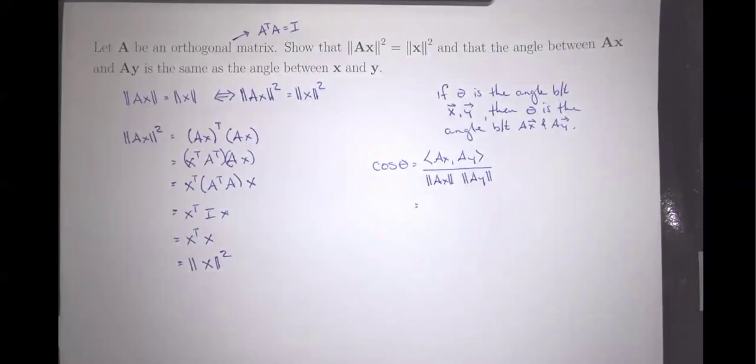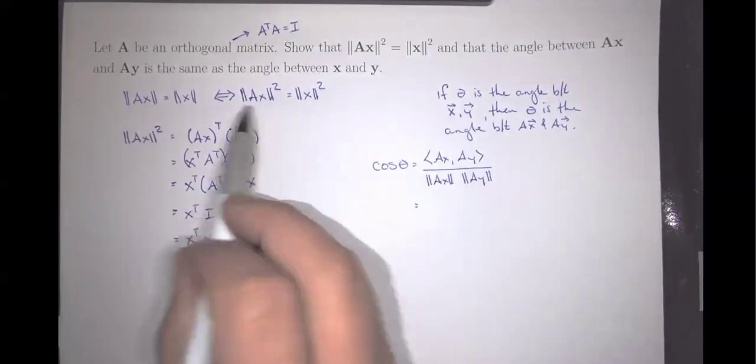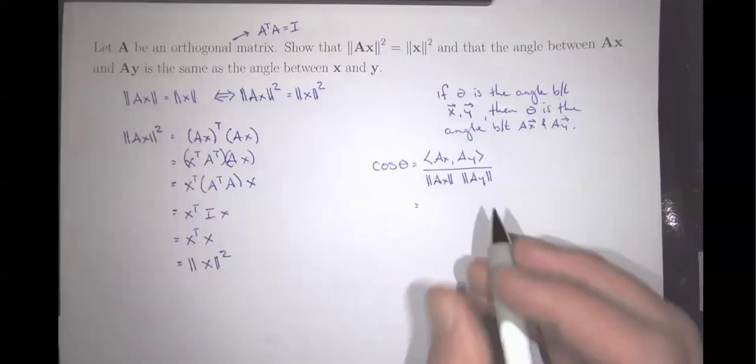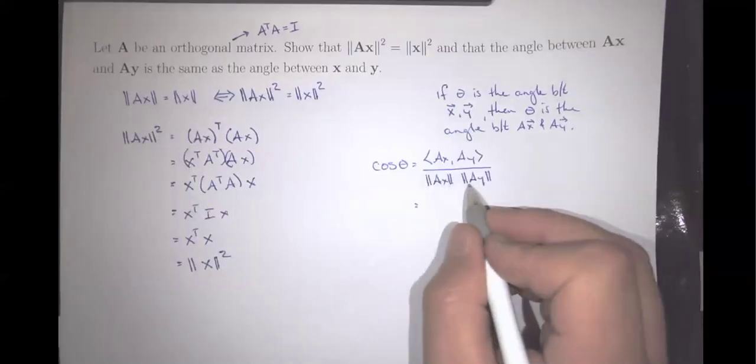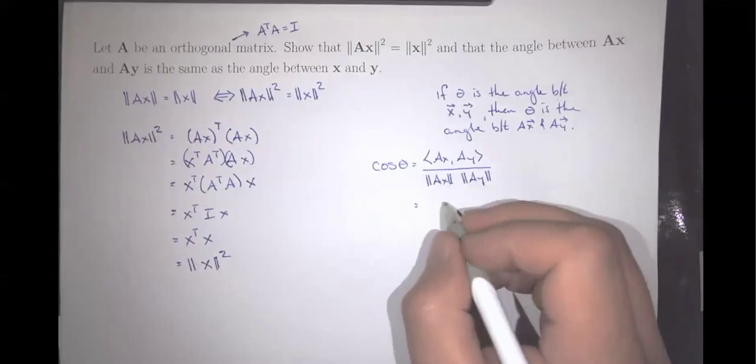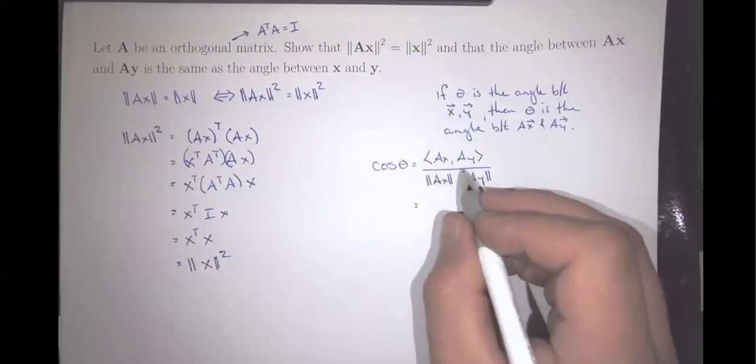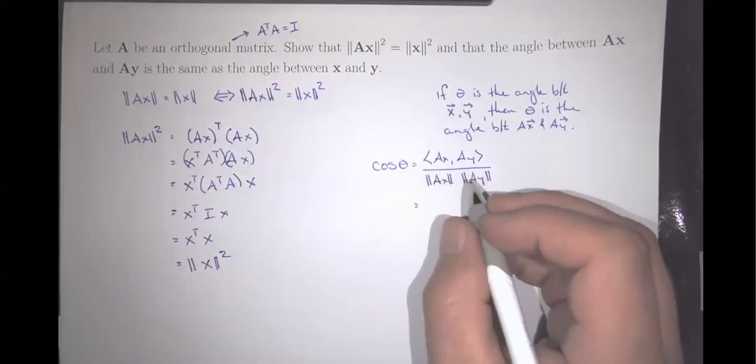Well, from our first property, we know that the length of AX is equal to the length of X. So this is going to be the length of X, and this will be the length of Y on the bottom. On the top, we've got this inner product.